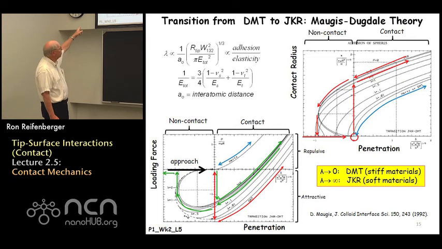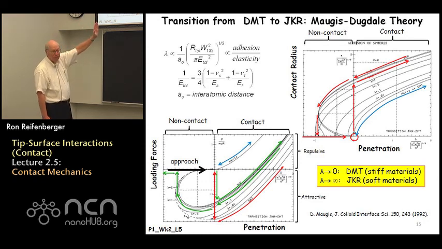The plot on the left here, bottom left, shows how the penetration varies as a function of loading force. In this case, you're approaching the sample from the left, and depending on your particular value of lambda, you would then have to select one of the curves on the chart to map out how the penetration is going to go as a function of the loading force. A similar plot is given for the contact radius versus penetration.